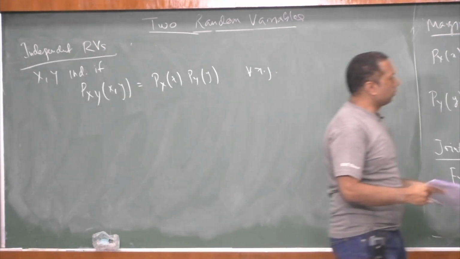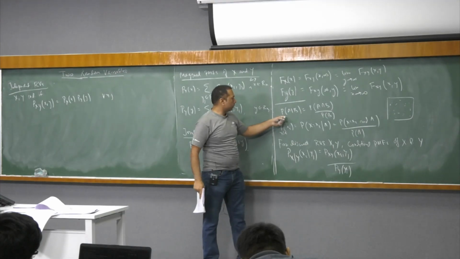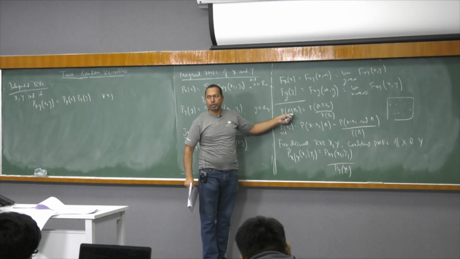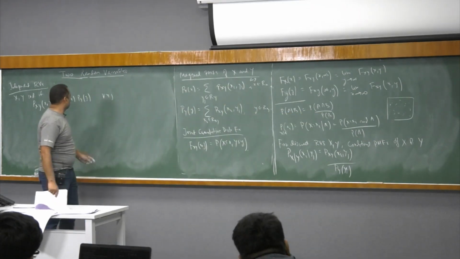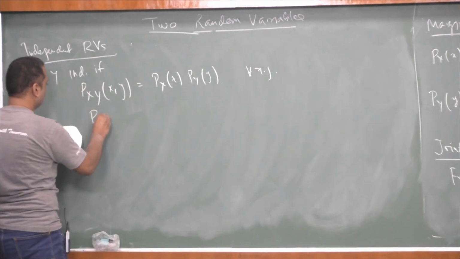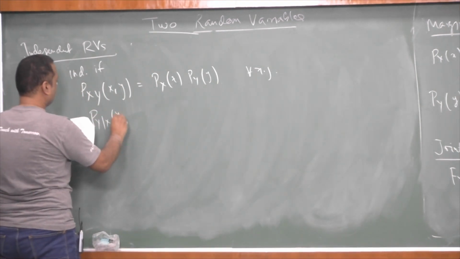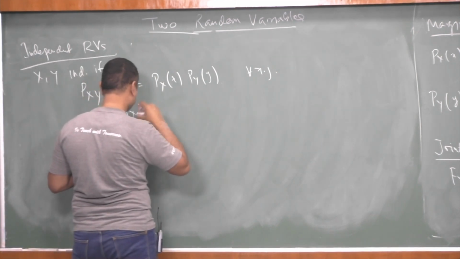And obviously, like previously we have said, in the independent case probability of A given B is just probability of A, because the P(B) gets cancelled. So the same thing can be written here also. If they are independent, then the conditional PMF of x given y equals the marginal PMF of x.